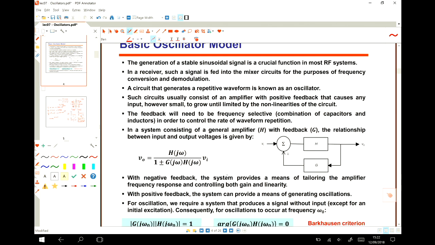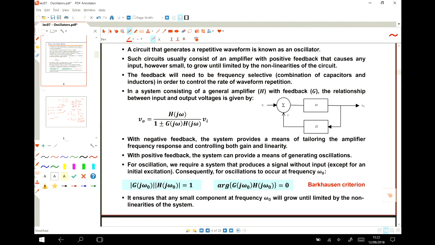All right. So we can show a system that has a feedback like this. I mean, this is a system with a feedback. Okay.